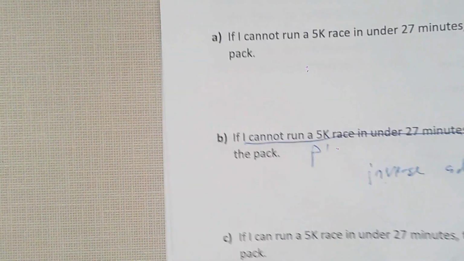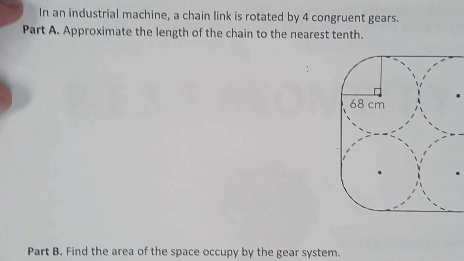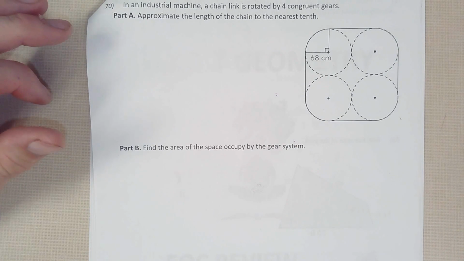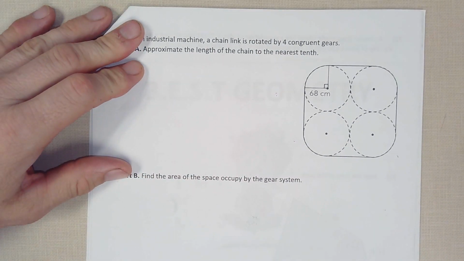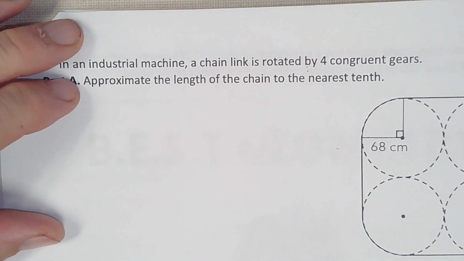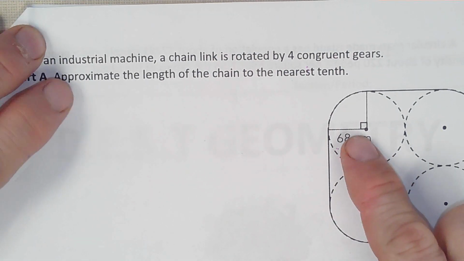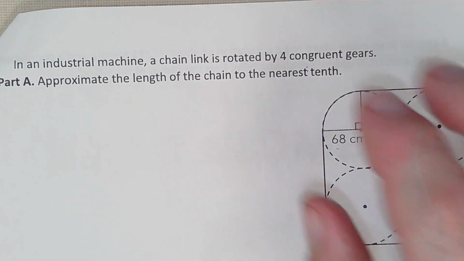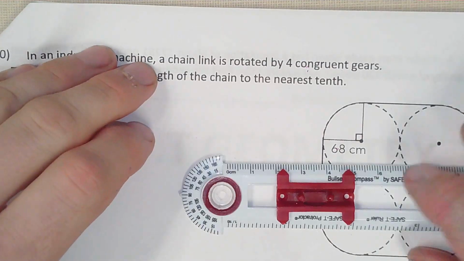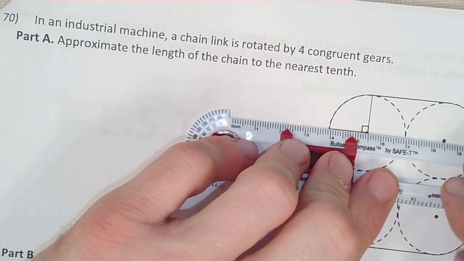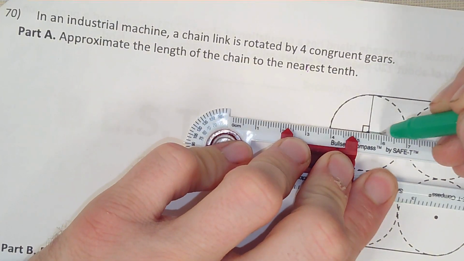All right, moving on to 70. Number 70, we have an industrial chain with 4 congruent gears. Find the approximate length of the chain. Let's see what we got going on here. Let's use green.